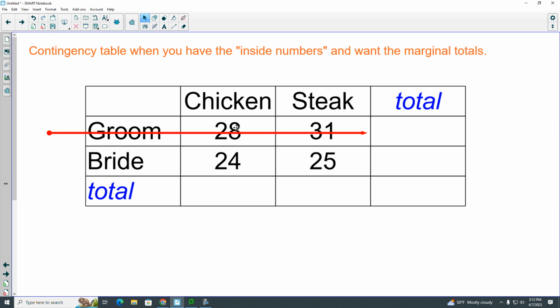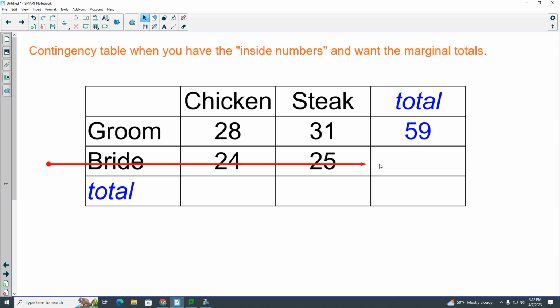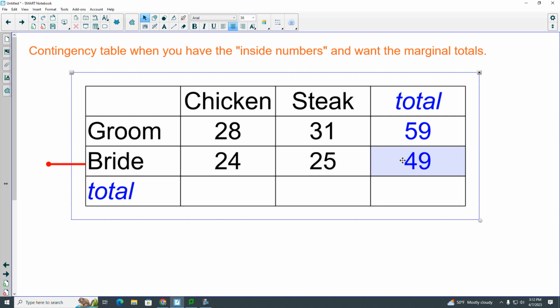So in this case, I take 28 plus 31, that is 59. So that total there is 59. All right, if I want to add for the bride going straight across, 24 plus 25 is 49.